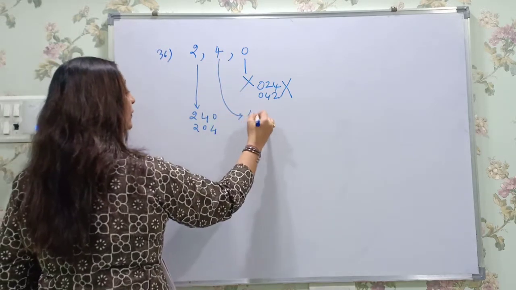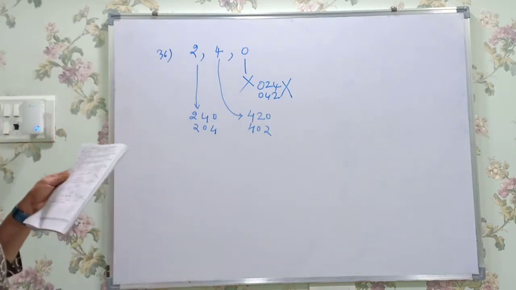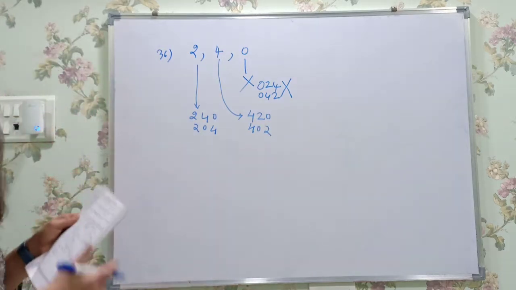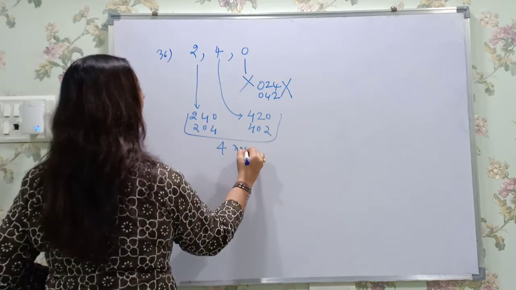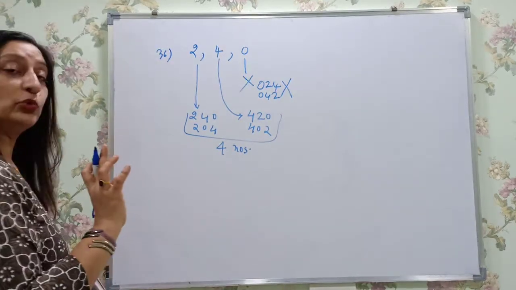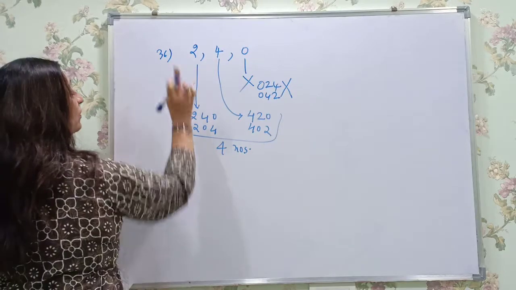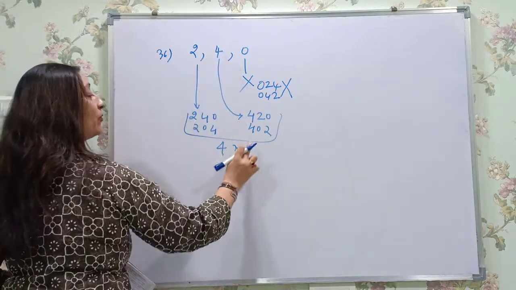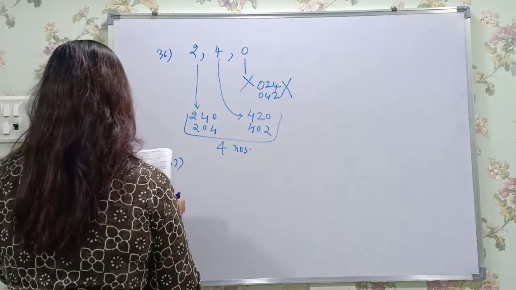Using 4 we will make 420 and 402. Right? So how many are we making? Only 4 numbers. With 0 we cannot make any, since we can make 2-digit numbers with 0, but we cannot make 3-digit numbers, right? So 3-digit numbers from 2 are 2 and from 4 are again 2. So total 4 numbers. Sum number 37.